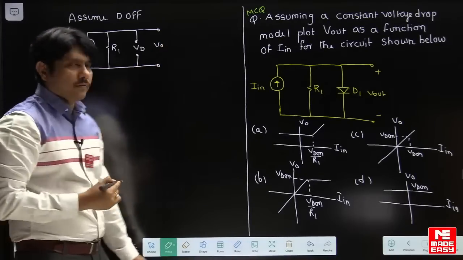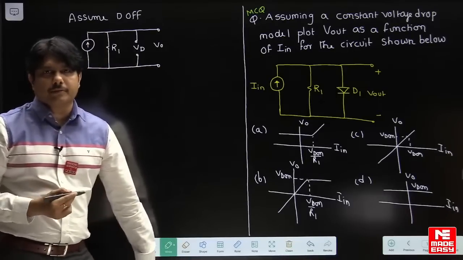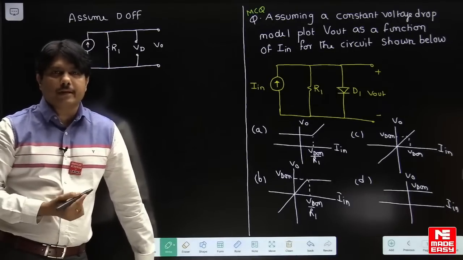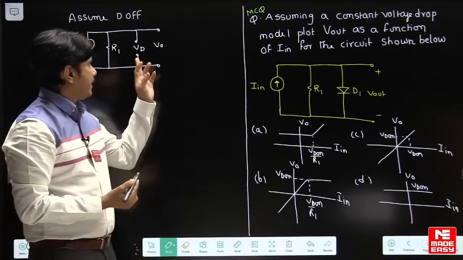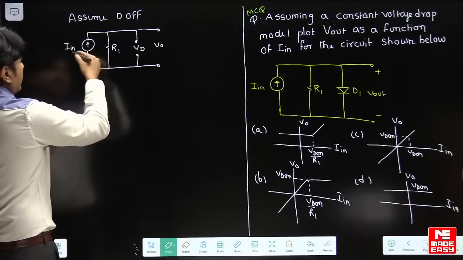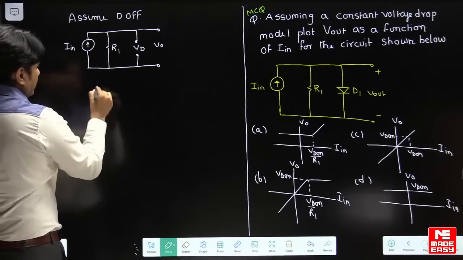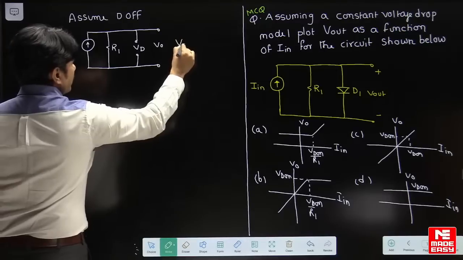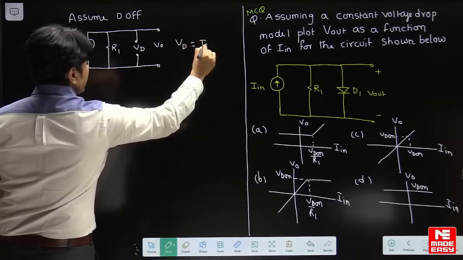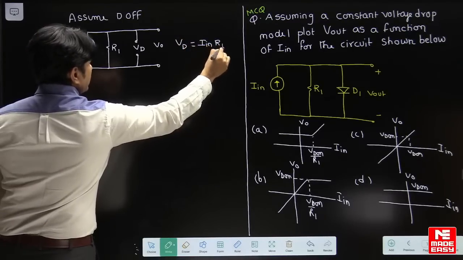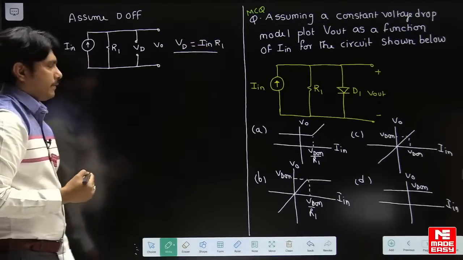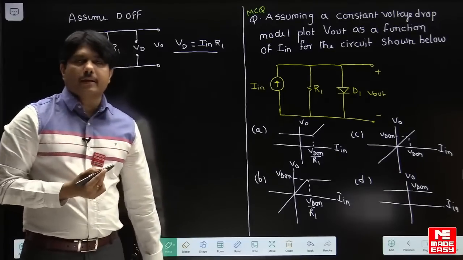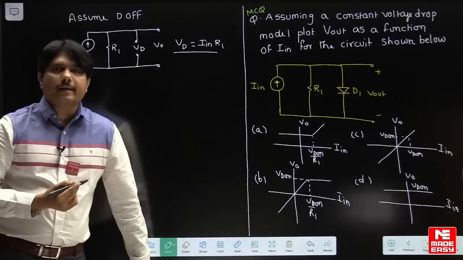We must know what the VD value is in the circuit. By using some network basics, it is very easy to find VD here. VD is nothing but current into resistance, so VD can be written as IIN into R1. Now you have a relation between the voltage drop across the diode and the current IIN.